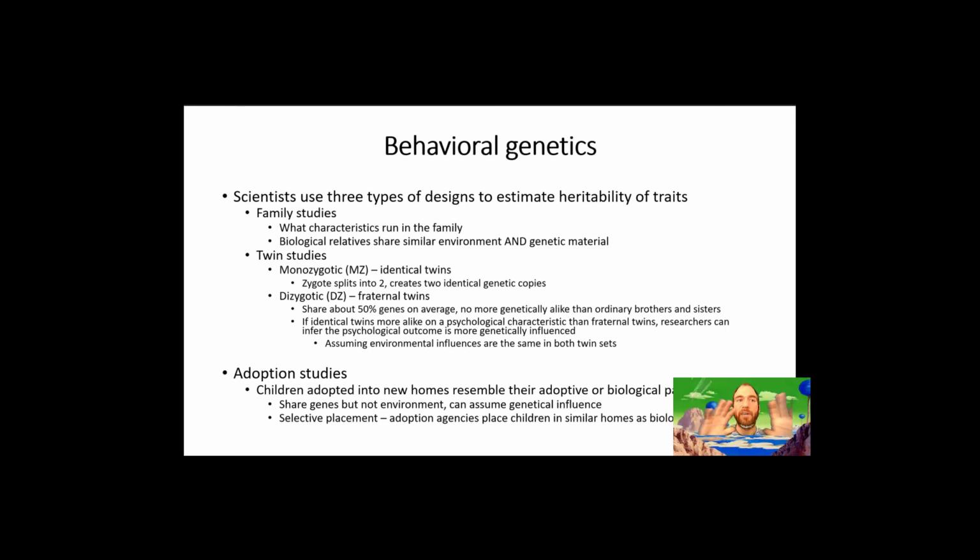So you're kind of comparing and contrasting. You're saying, oh, look, these identical twins are 100% the same on this self-esteem measure. Well, these fraternal twins are, just make up a number, 50% the same. Therefore, 50% of the self-esteem is derived from genes. That's kind of a simplification, but that's the logic behind it.